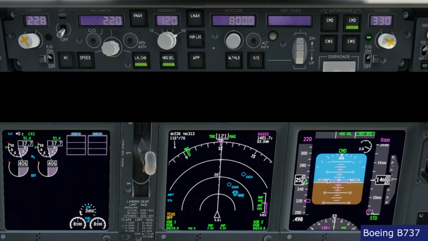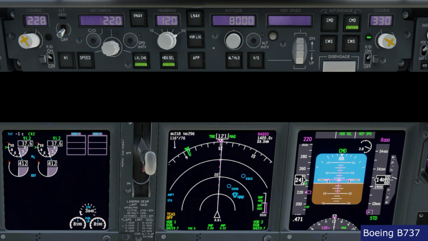So you see, the aircraft is not descending and is eventually even climbing a little bit, because for as long as I don't make 220 knots, the aircraft will not descend. The pitch is chasing the speed, and it actually takes time on this aircraft to lose the speed.